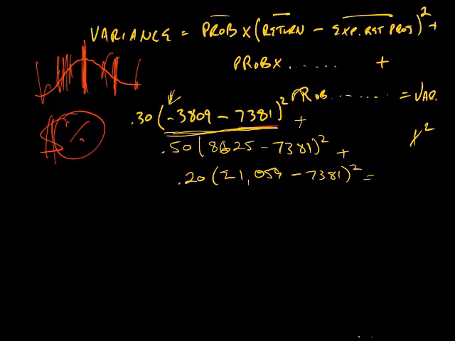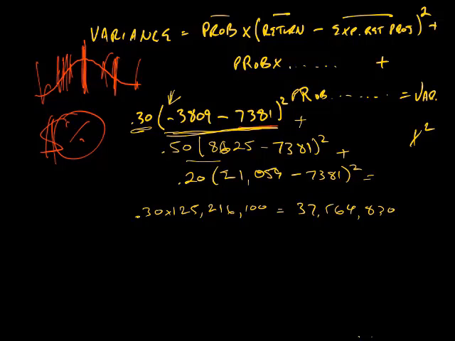You're going to get 125,216,100. And remember, I didn't do this yet. And that's going to be multiplied times 0.3. So you're going to do the multiplication on that. It'll take it down a little bit smaller, but it's still going to be a really big number. And that's going to equal 37,564,830. And you're going to go through that process for each one of these.